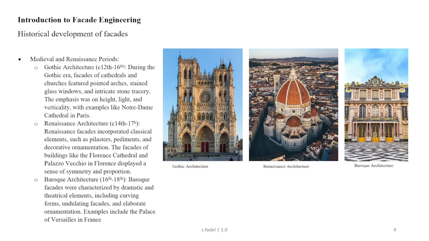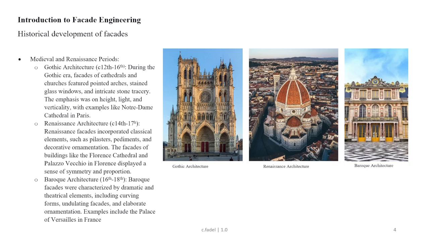The last historical development during the medieval and Renaissance period is Baroque architecture, which is from the 16th century to the 18th century. Baroque facades were characterized by dramatic and theatrical elements, including curved forms, undulating facades, and elaborate ornamentation. Examples include the Palace of Versailles in France.